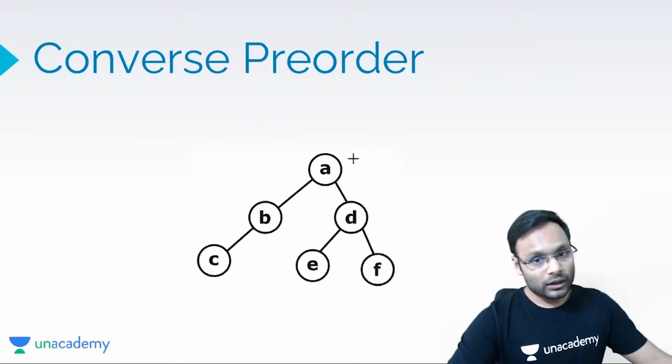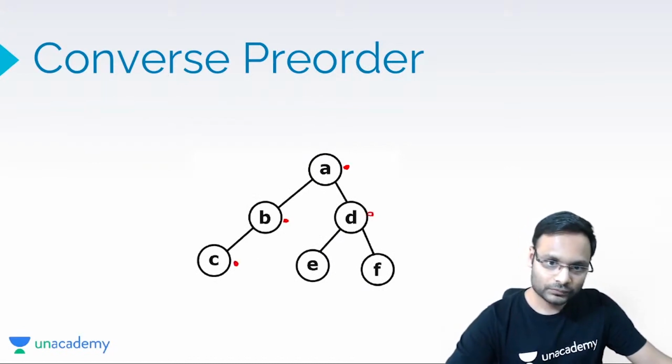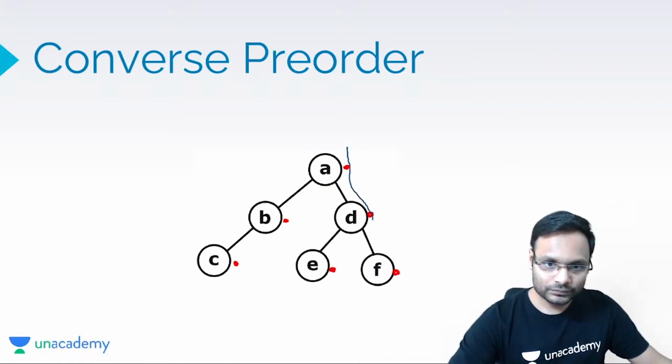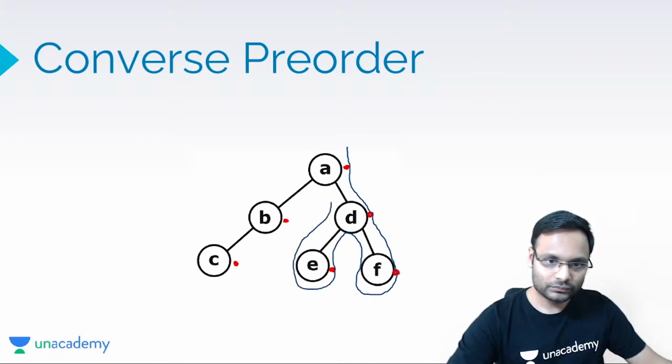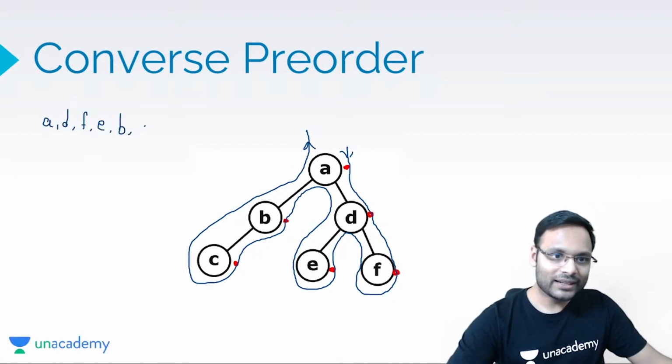So starting from right, put the dot towards the right of every node, and start the direction from right, go towards left, and have this complete round. This time the direction has changed, just because we are traversing the right subtree first. So the direction has changed, put the dot first. The converse pre-order traversal is A, D, F, E, B and C.